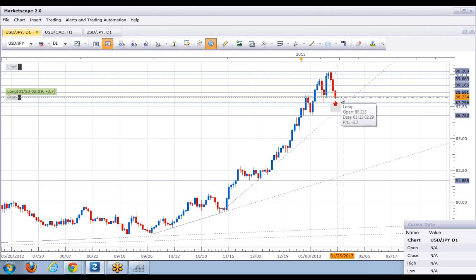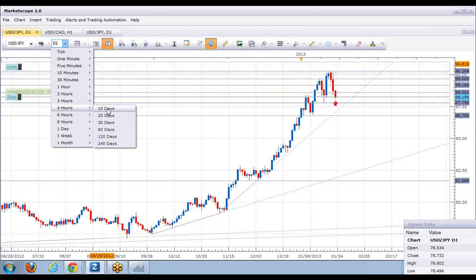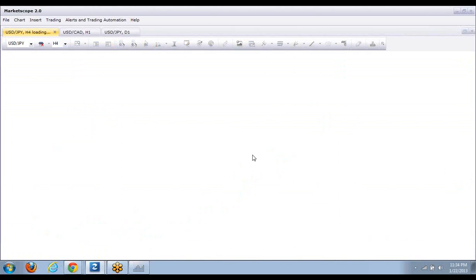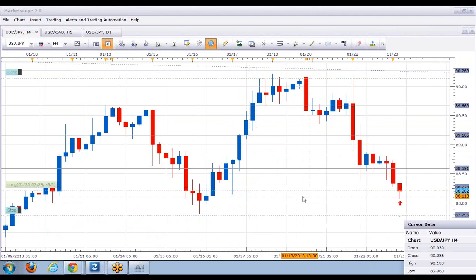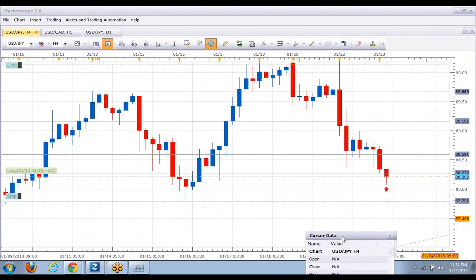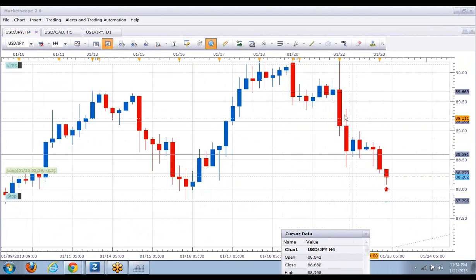demand level, so I decided to take a long position. Taking a closer look at the 4-hourly, I'm seeing that the current bar is losing momentum of this overall downtrend that's been occurring since basically the beginning of the week, but it still hasn't broken past this point.